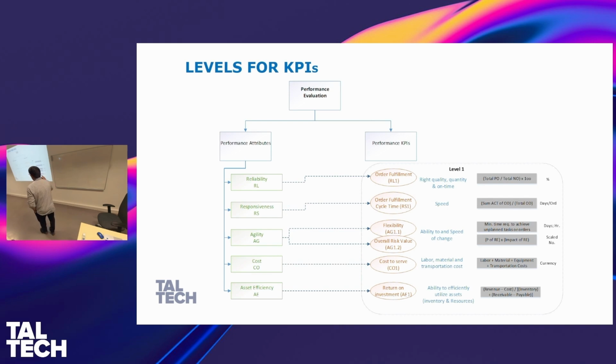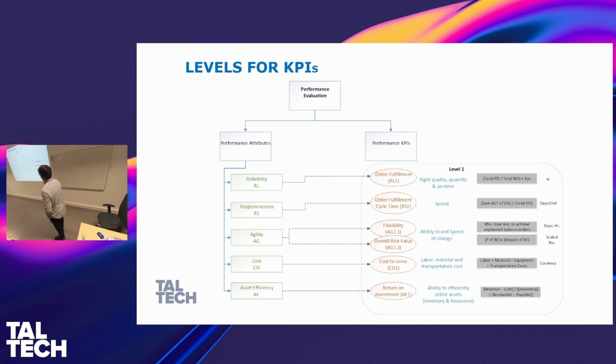So this is one of the models that I can use if I have a performance evaluation for something. The model is taken from SCOR, the Supply Chain Operations Reference model, where we start with the upper level attributes: how I can find out or calculate the reliability, responsiveness, agility, cost, and asset efficiency. For reliability and responsiveness, I need to go to order fulfillment cycle time, and how it can be calculated.